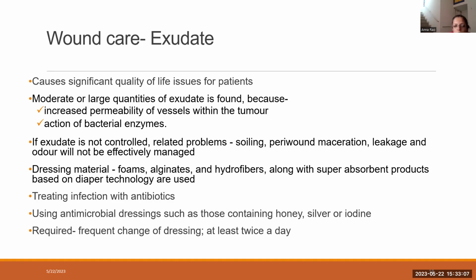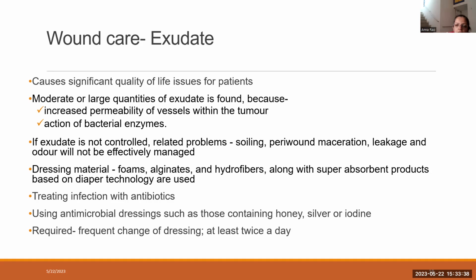Now, what kind of dressing materials should be used? Most of the time we use regular cotton and gauze pads, right? But when there is a large amount of exudate, dressing materials like alginates or foams are also used.